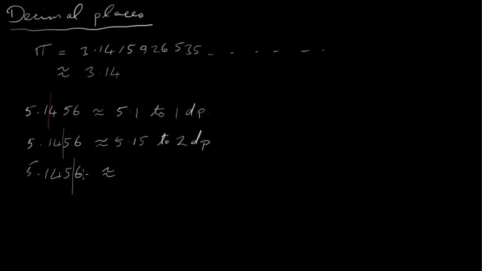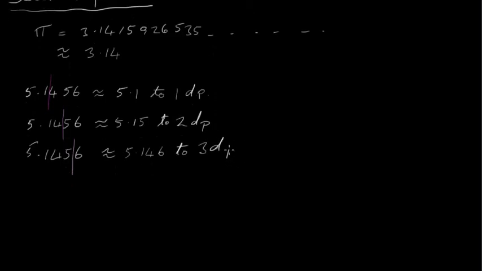So what determines that is this number here on this side of the line, the number after the 5. The number after the 5 is a 6, so that's 5, 6, 7, 8 or 9, which means I have to round this 5 up 1. So I end up here with 5.146, and that's to 3 decimal places. So we've rounded 5.1456 to 1 decimal place, 2 decimal places, and 3 decimal places.